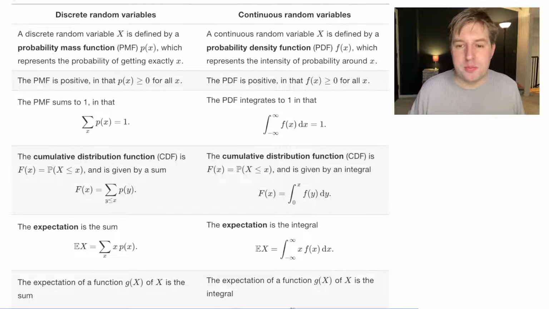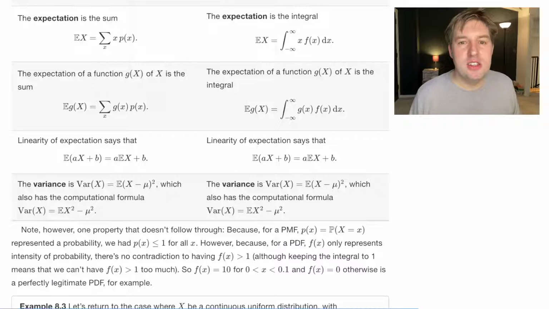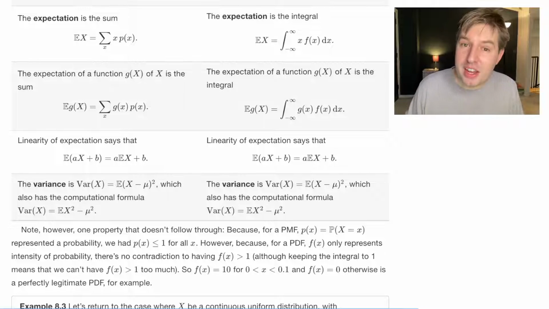For discrete random variables, we had the law of the unconscious statistician to tell us how to find the expectation of a function. And it was, sum up that function times the probability mass function. So here, to get the expectation of a function for a continuous random variable, we integrate the function times the probability density function.